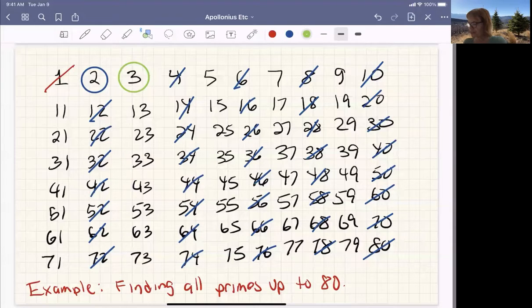The first thing I want to cross off is 6, but since 6 has a smaller prime factor, namely 2, it's already been crossed off. So I continue counting 1, 2, 3, and in this way, you're going to cross off all multiples of 3.